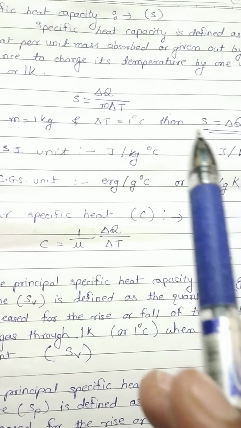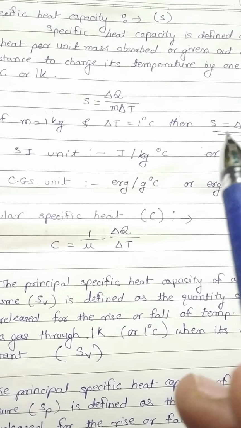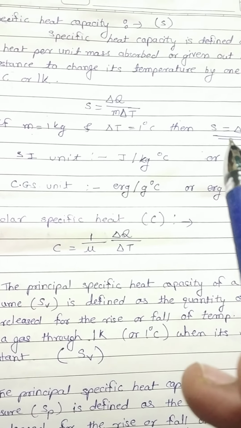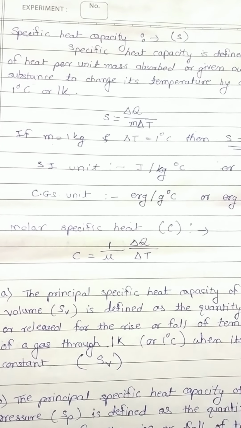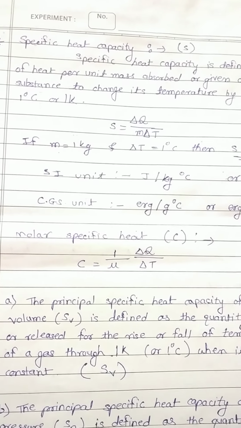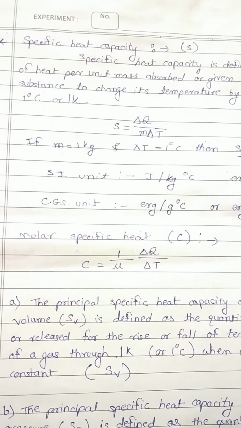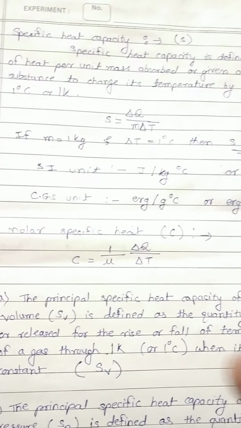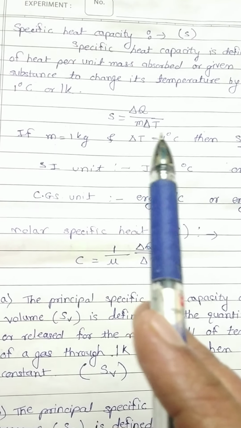So we get S equal to delta Q, meaning specific heat capacity is equal to the heat absorbed or given out. Q stands for heat, m for mass and T for temperature.